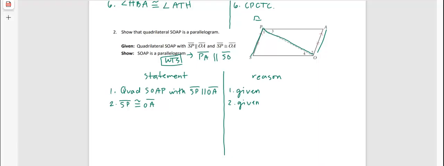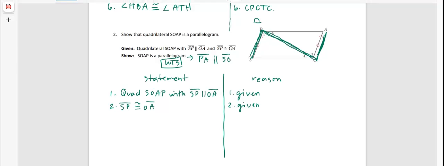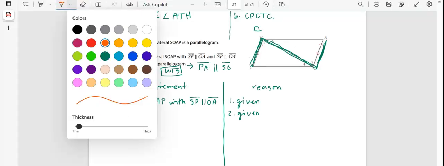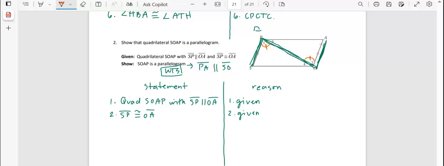I do have a set of parallel lines though, and anytime I see parallel lines, I basically formed in our picture here it is, our Z, our alternate interior angles. Those are very important. Okay, so this angle here is going to be congruent to this angle here.